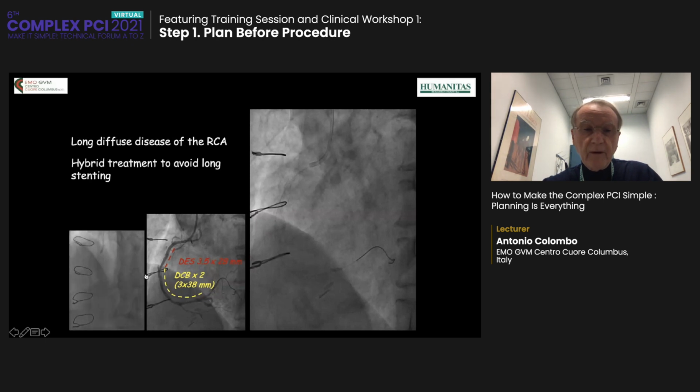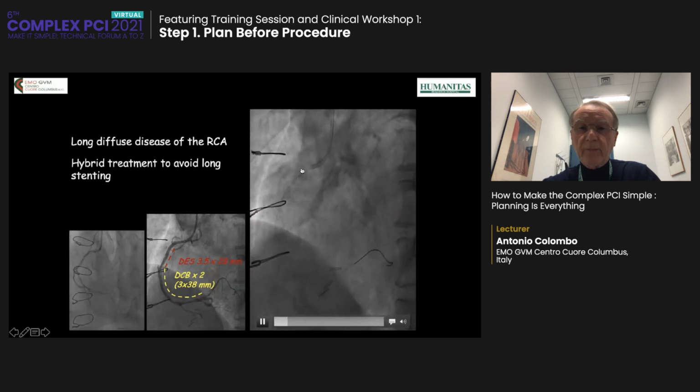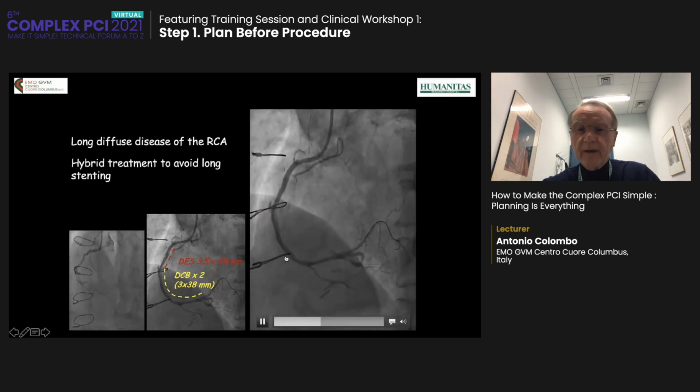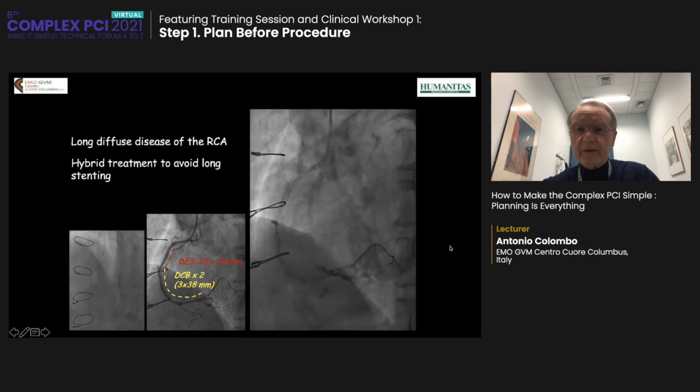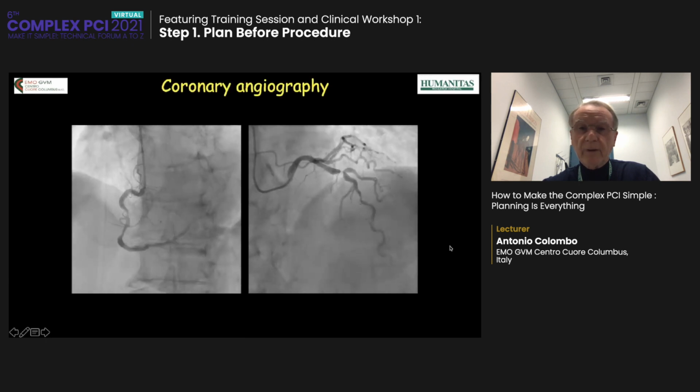Another example in CTO: there is a randomized trial running to utilize a proximal stenting and DCB distally in order to avoid a full metal jacket. You see a proximal stenting implanted and the distal segment treated with drug-coated balloon.